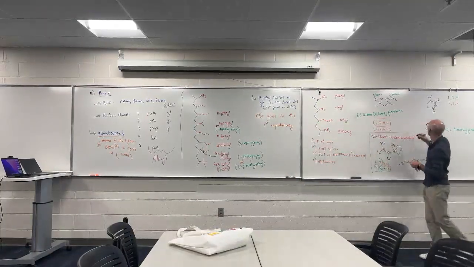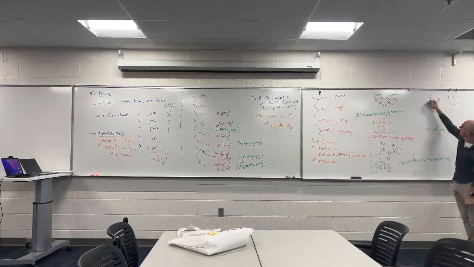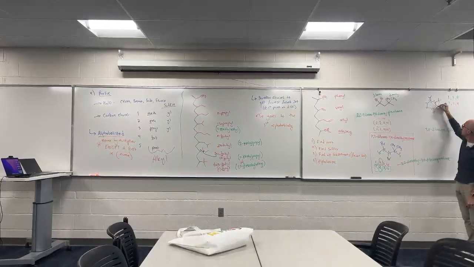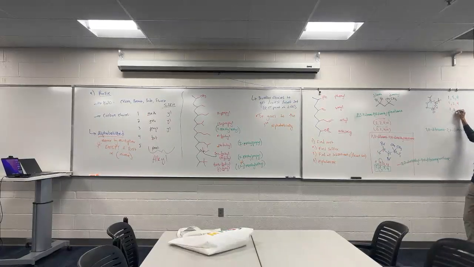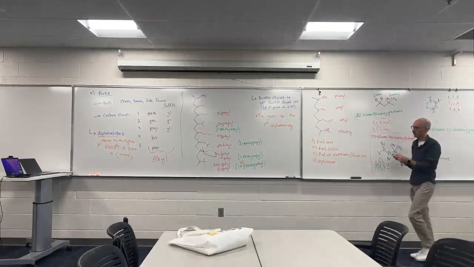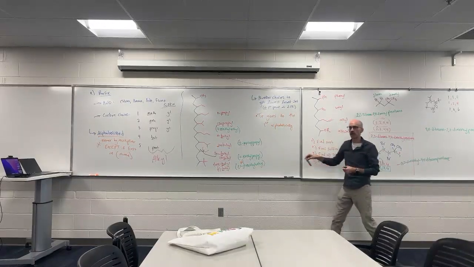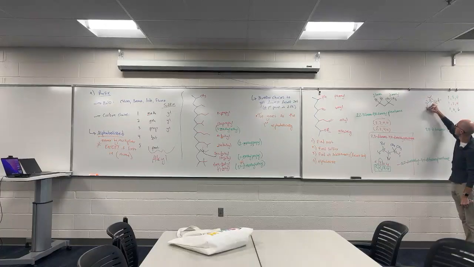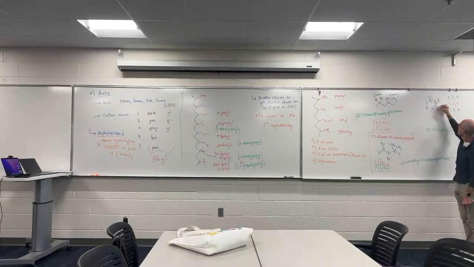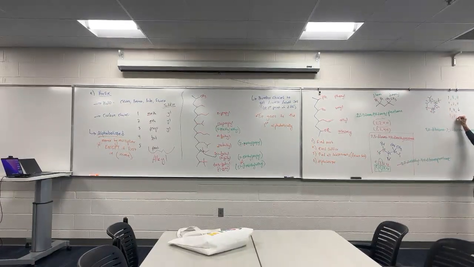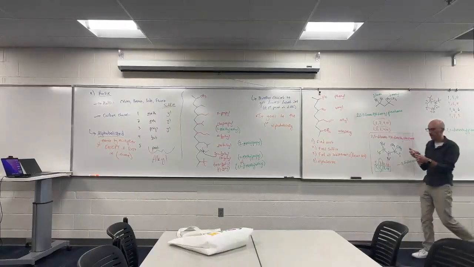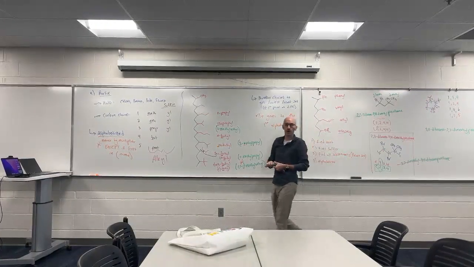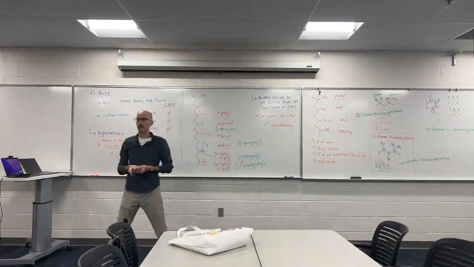I could start at isopropyl and go counterclockwise, and I could get 1, 4, 6. I could start at tert-butyl and go counterclockwise. And I could get a locant set 1, 2, 5. And there's a few more too.